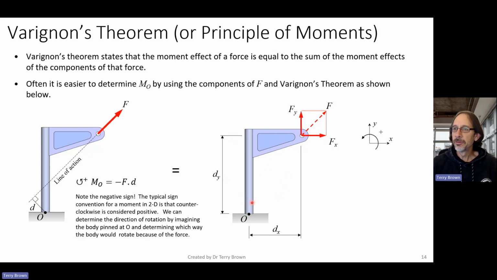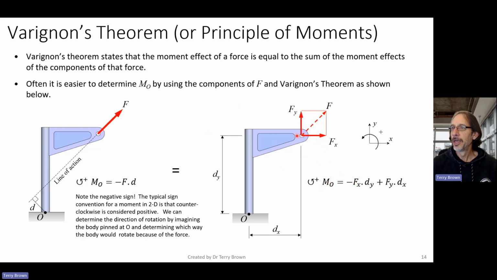So usually these distances would be known. So if we resolve this force into components in those directions, then we can simply make use of the sum of the moment effects of each of those components to work out the total moment.